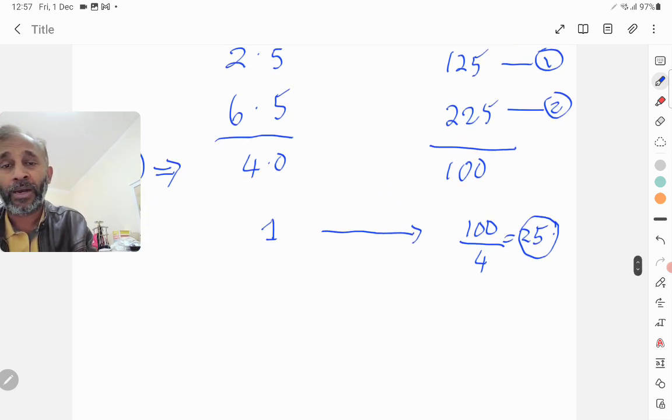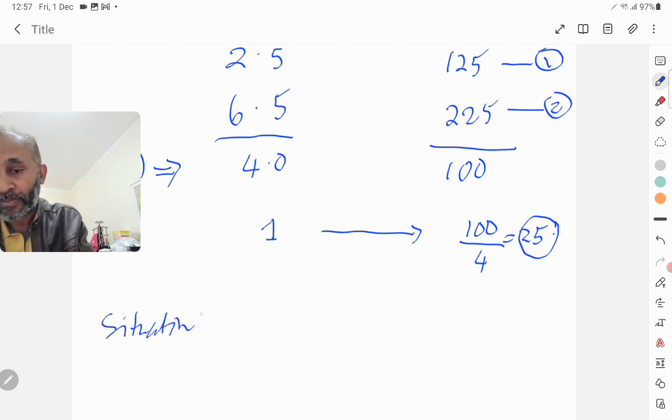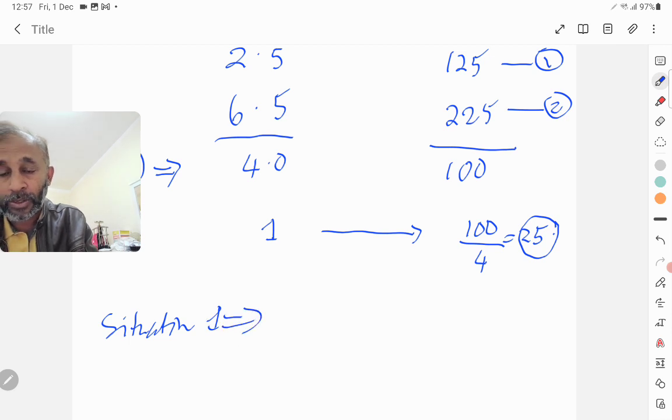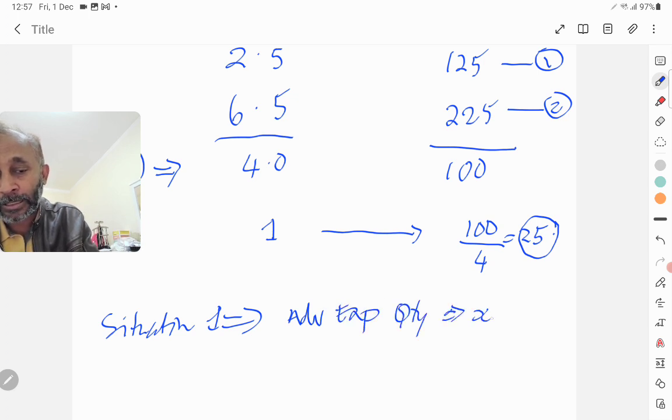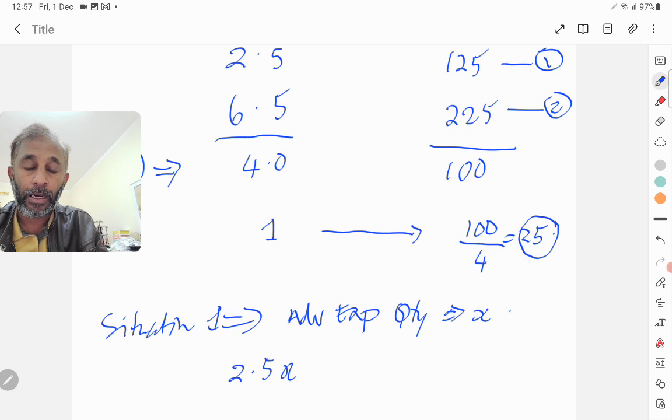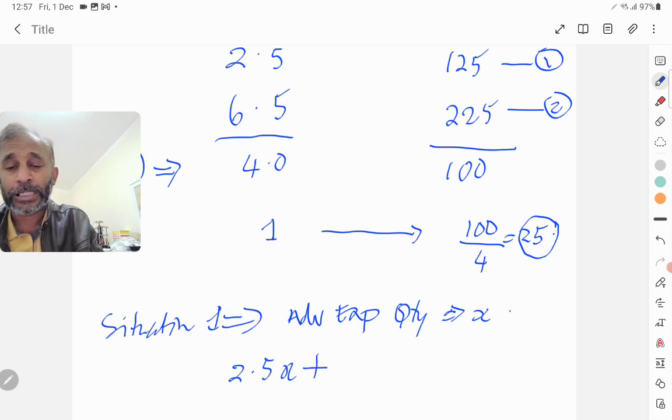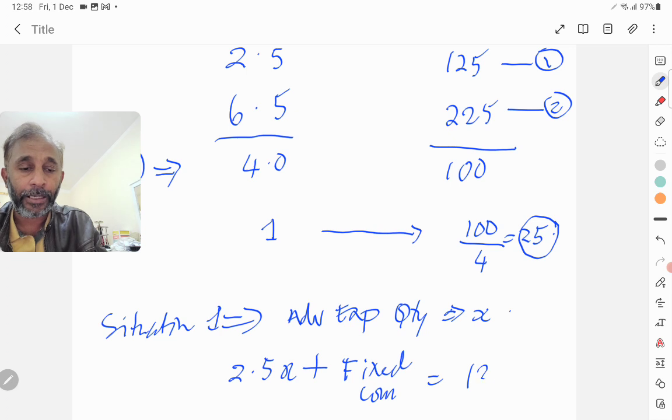Accordingly, if I factor it out for situation number 1, if I assume the advertising expenditure quantity is X, so 2.5x, and it also has a fixed component, my sales revenue will be 125.